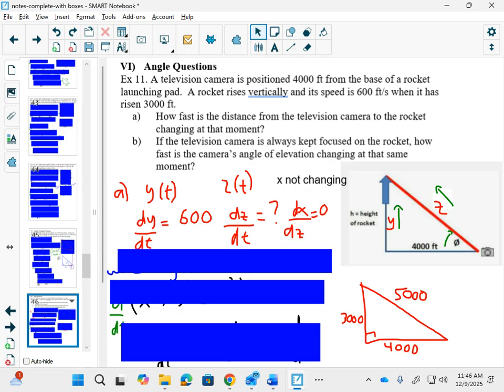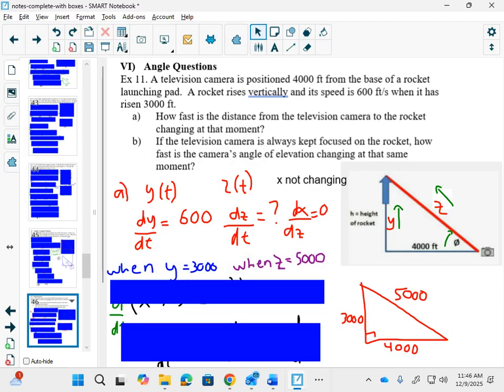We want to find dz/dt. Technically, dx/dt is equal to 0. And from our second triangle, we know that when y is 3,000, z has to be 5,000.